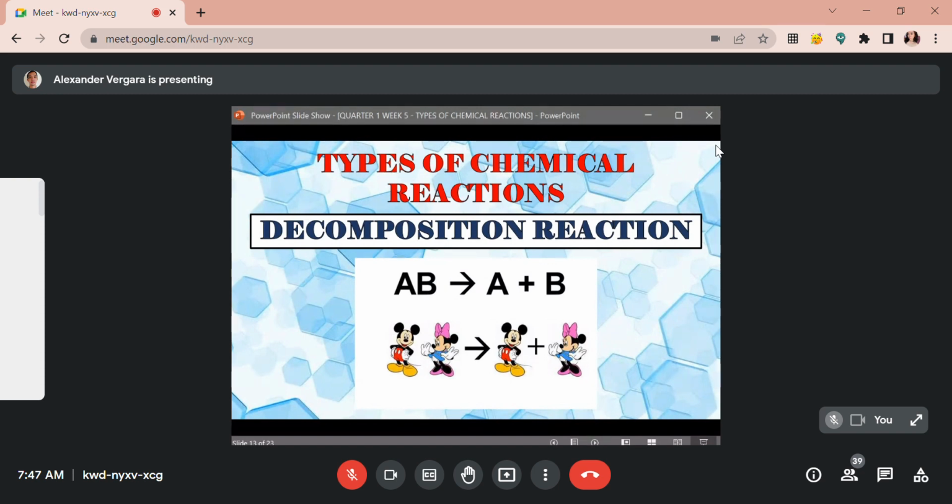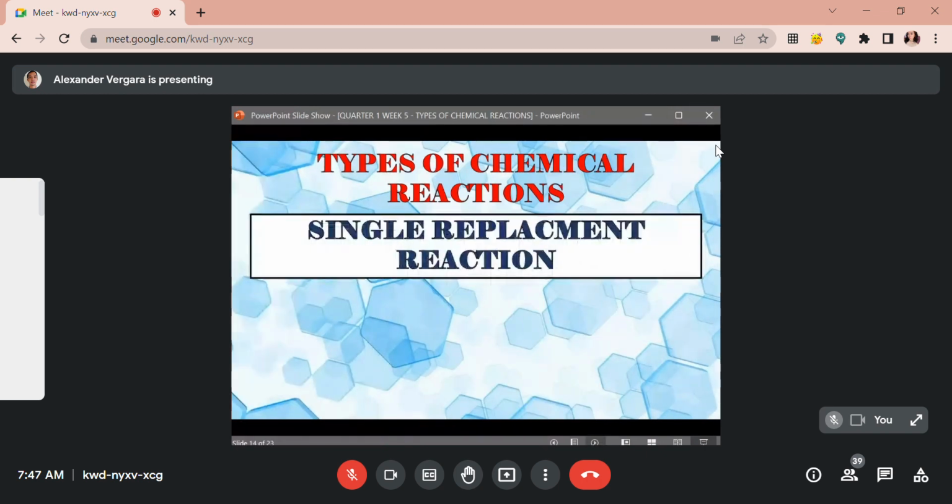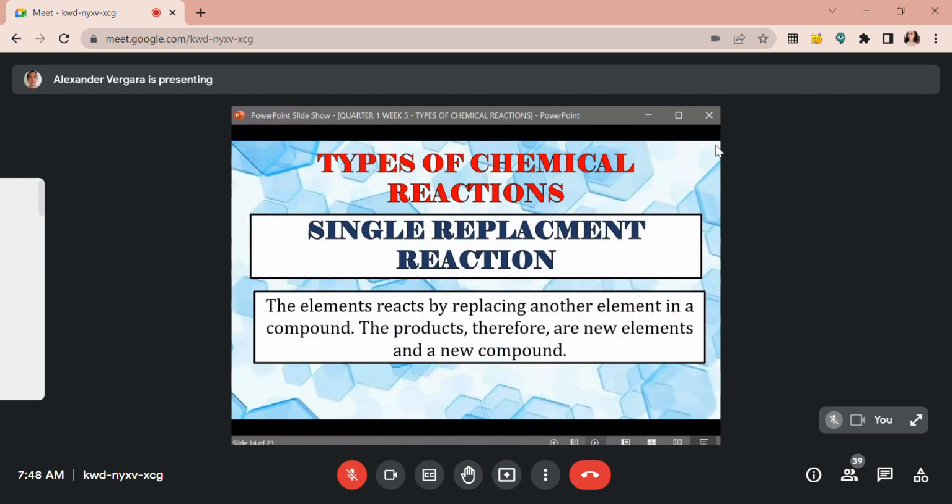Okay, next. What's the third one? The third one is what we call the single replacement reaction. The element reacts by replacing another element in a compound. The product is therefore a new element and a new compound. Here is the formula: A plus BC produces AC plus B. Meaning to say, for example, Jake and Maui are together.